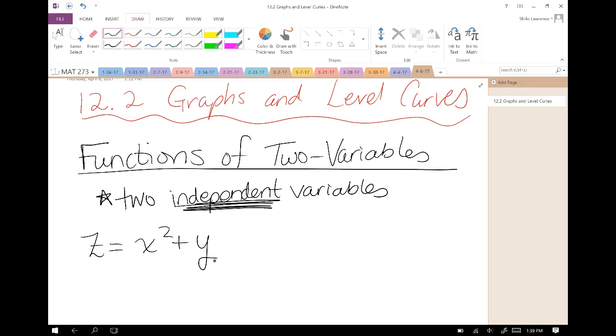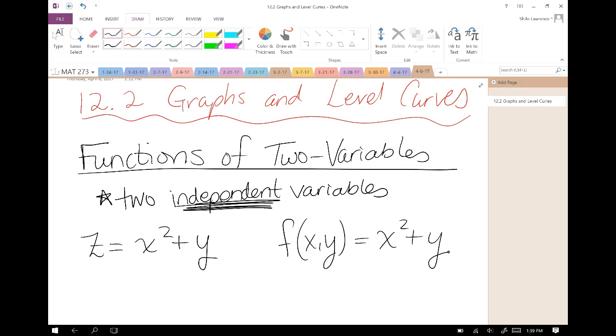So we could write them as z equals something with x's and y's, or f of x, y equals a function of x and y. So back in algebra, when we first learn about functions, we name the function. We can name it f. We can really name it anything we want.